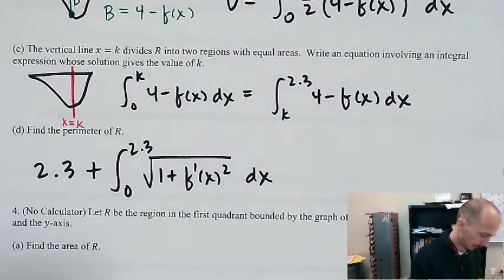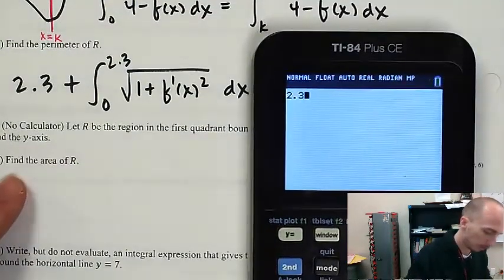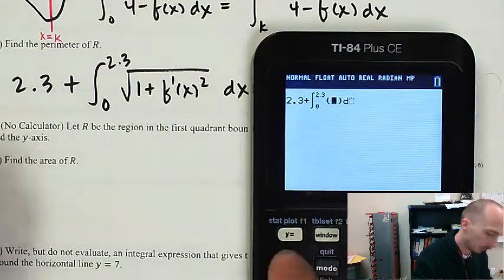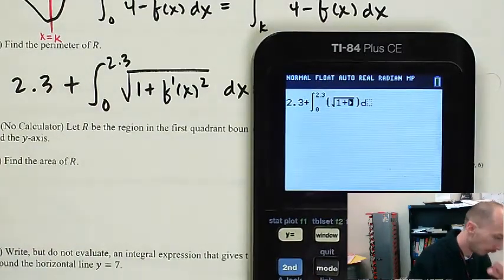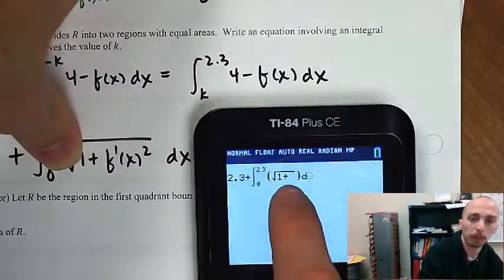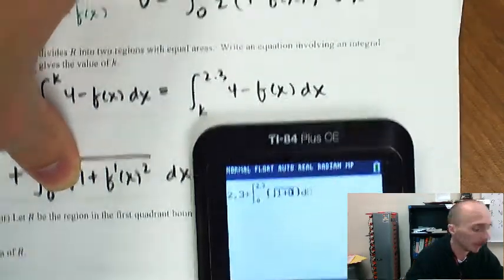Cool. So I'm going to integrate 2.3 plus the integral from 0 to 2.3 of the square root of 1 plus, and then I'm just going to take f prime of x myself, right? I don't know if any of y'all have tried to put math 8 inside of math 9. It does oftentimes work, but man, it takes a while.